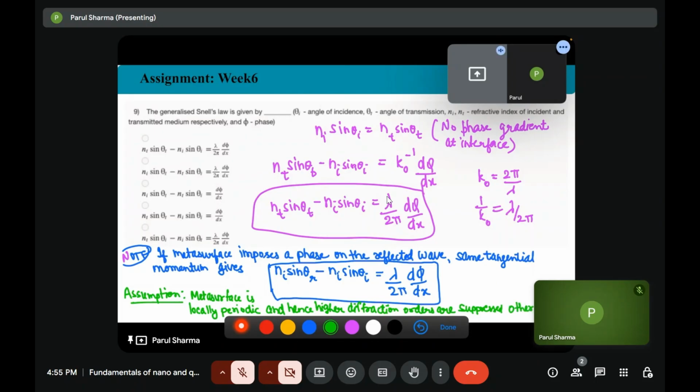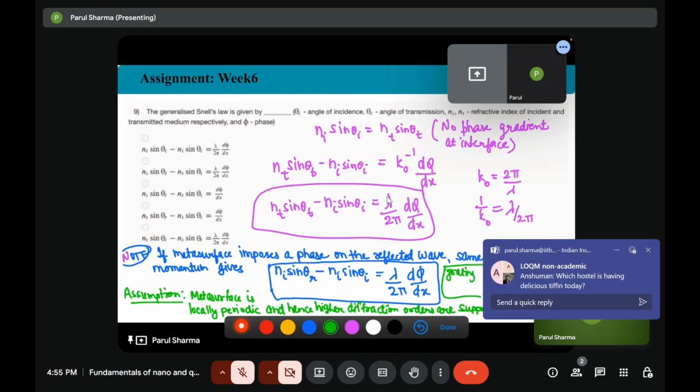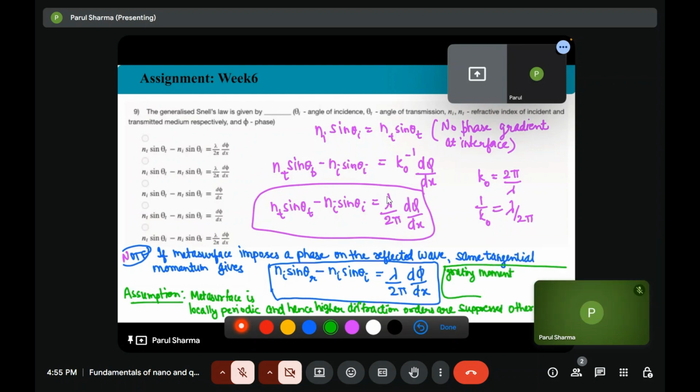Otherwise, some grating effect happens, with a factor of m 2 pi by lambda, depending upon the order of diffraction.